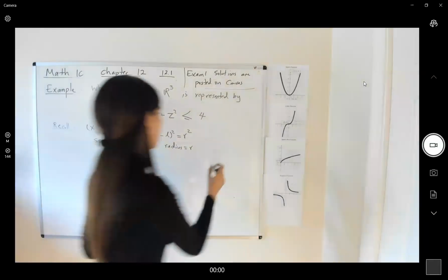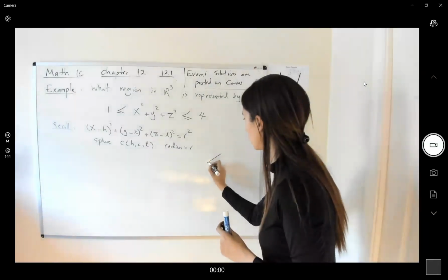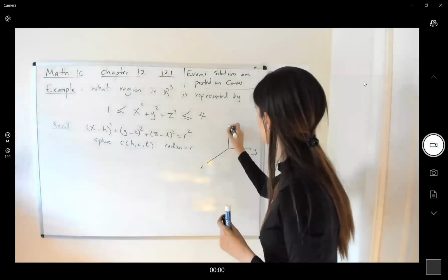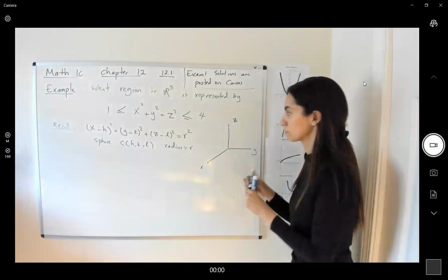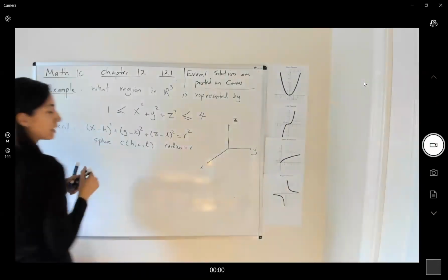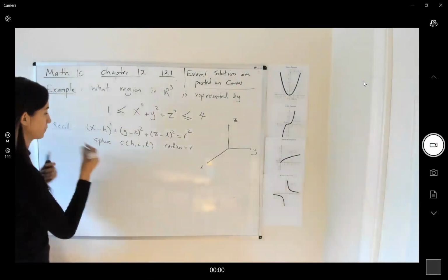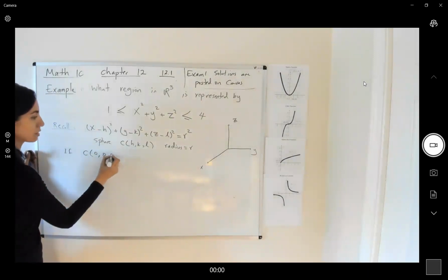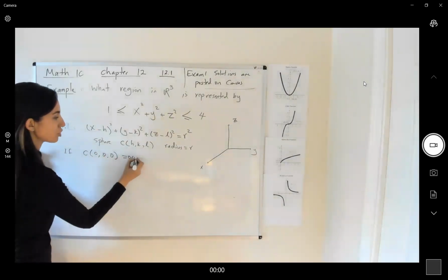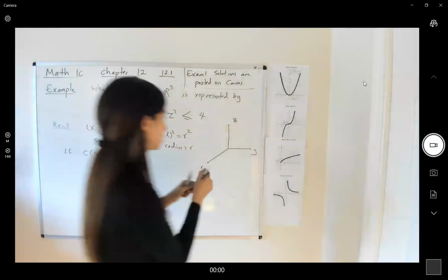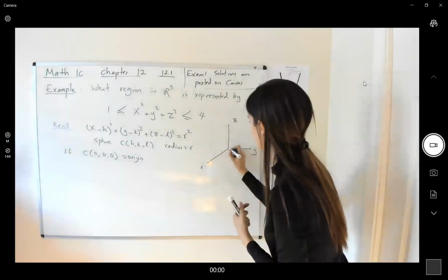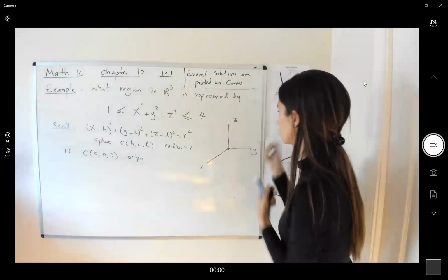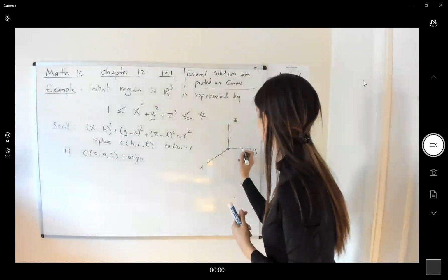And we know how to graph it. So here you have the x-axis, here you have the y-axis, here you have the z-axis. If the center is the origin, (0, 0, 0), then the center is located here. And for your sphere with radius r, you get a sphere like this.